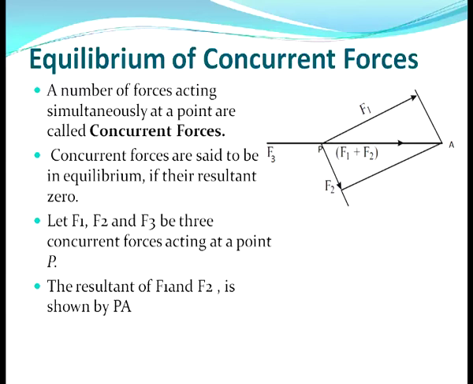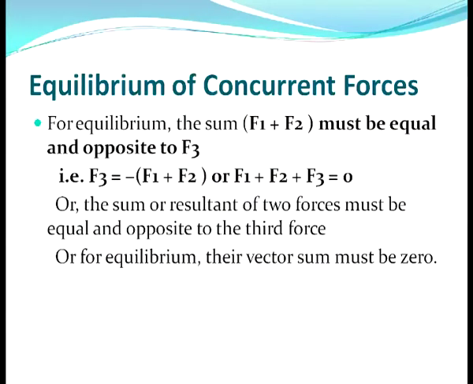So, the resultant of F1 and F2 by the parallelogram law of vector addition will be the diagonal of the parallelogram, that is, the resultant will be shown by PA. Now, for equilibrium, the sum of the two forces F1 and F2 must be equal and opposite to F3.